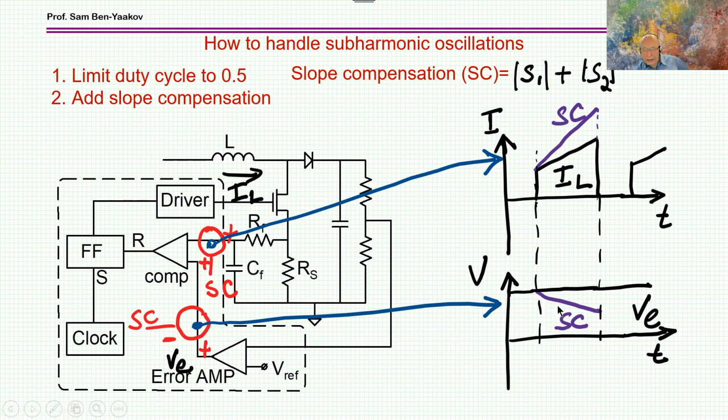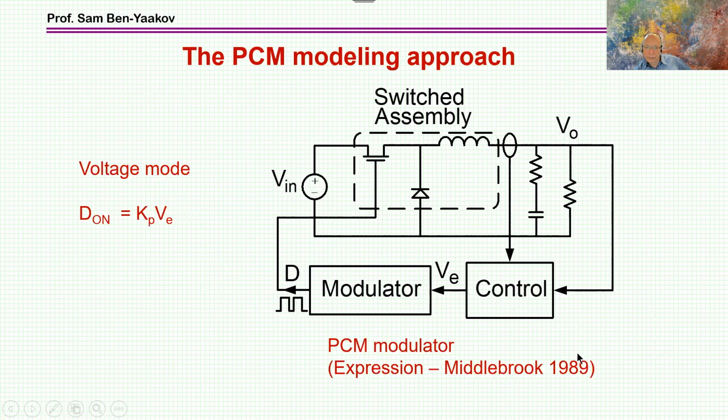So we are adding from the clock. The clock is built around a triangle. It's like charging a capacitor and discharging it. So during the charging, you have a slope, and you take this slope and you add it here in a reverse mode. So this is what is done here.